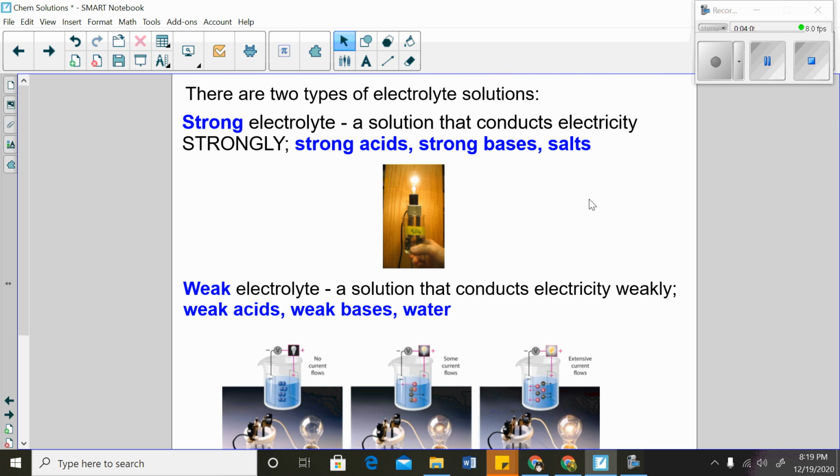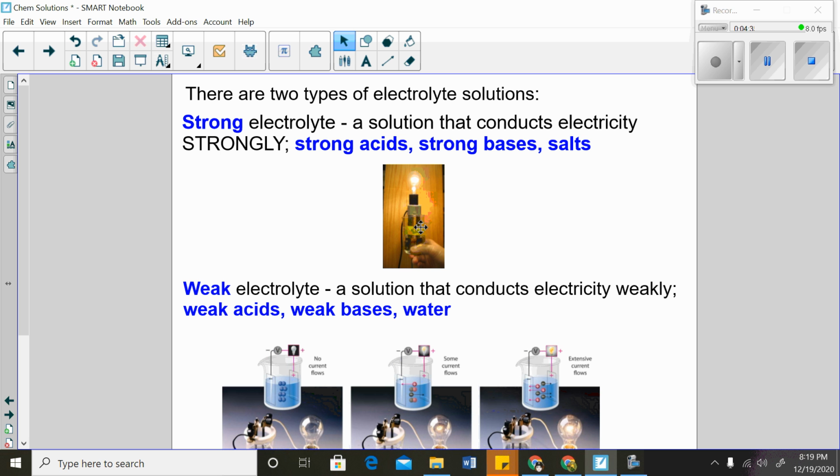Now there are two types of electrolyte solutions. You have strong versus weak electrolytes. A strong electrolyte is a solution that conducts electricity strongly. You can see in this image, this is a conductivity tester. Underneath it, there's a solution being placed underneath what are called two electrodes.